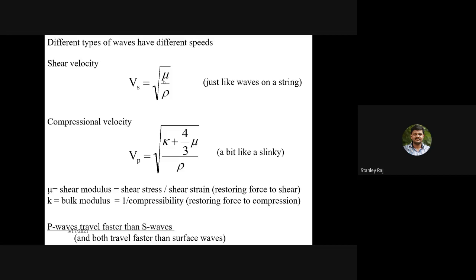The rigidity modulus means shearing stress by shearing strain, that is nu. And how the entire three-dimensional volume changes or deforms is the bulk modulus. Always, P waves travel faster than S waves, and both travel faster than surface waves.